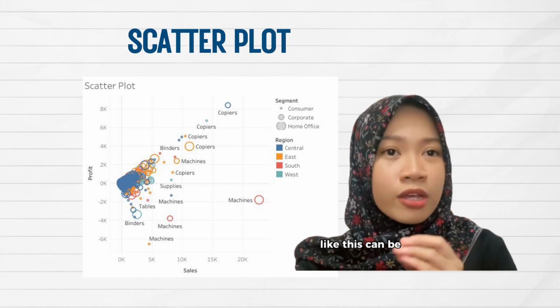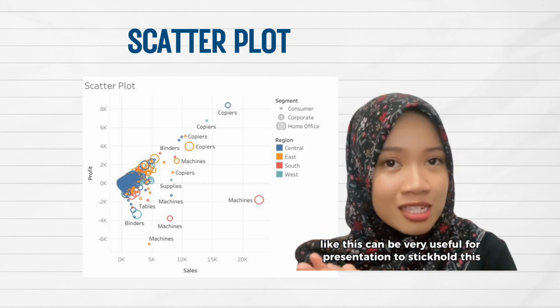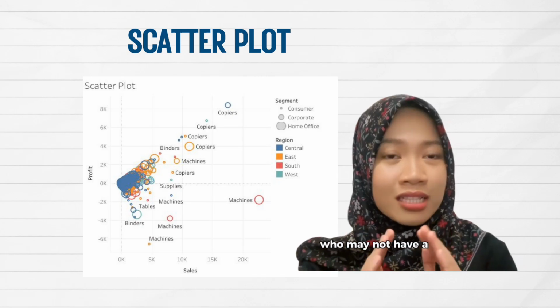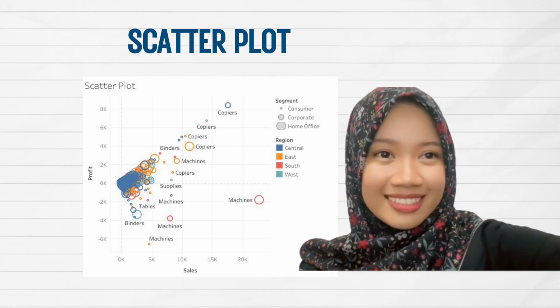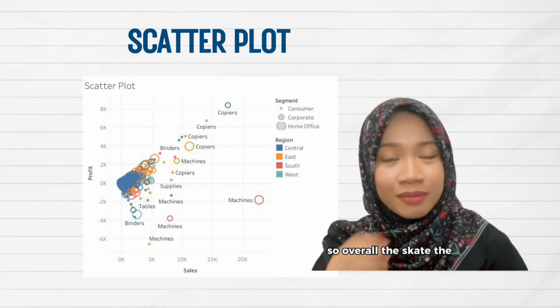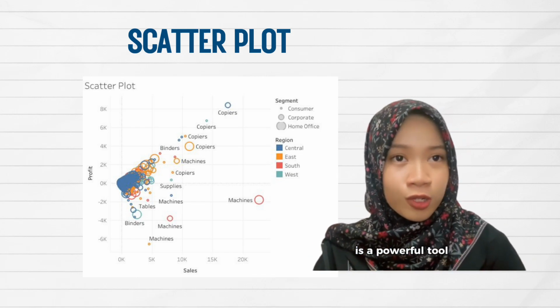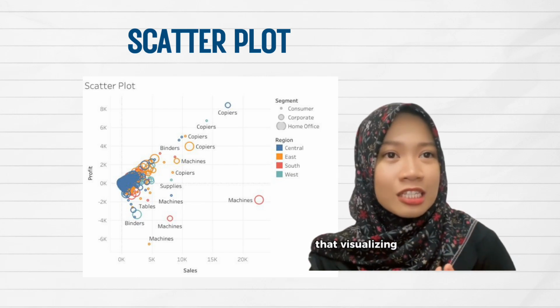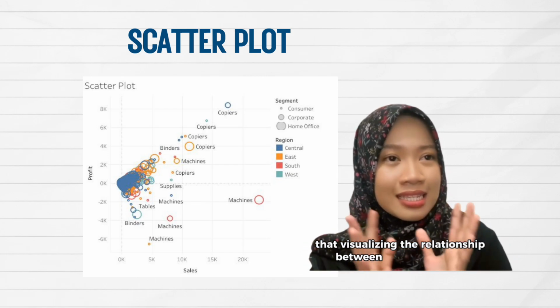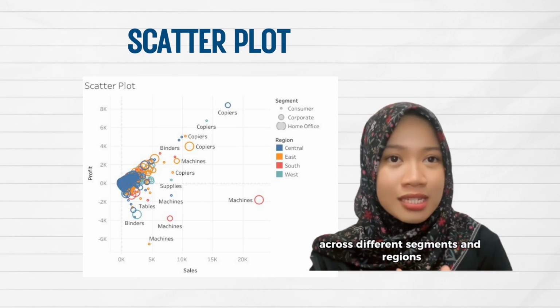This can be very useful for presentation to stakeholders who may not have a technical background. So overall, the scatter plot is a powerful tool for visualizing the relationship between sales and profit across different segments and regions.